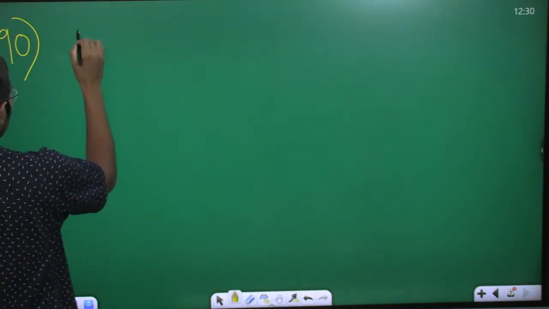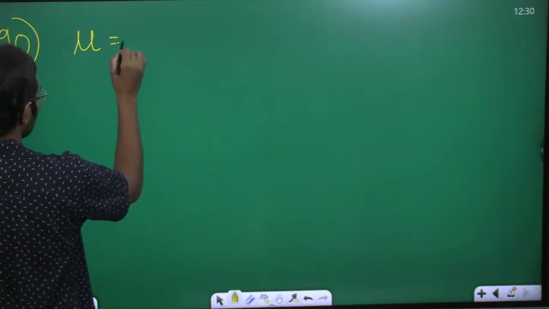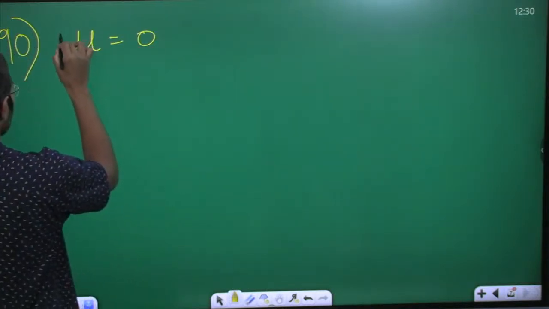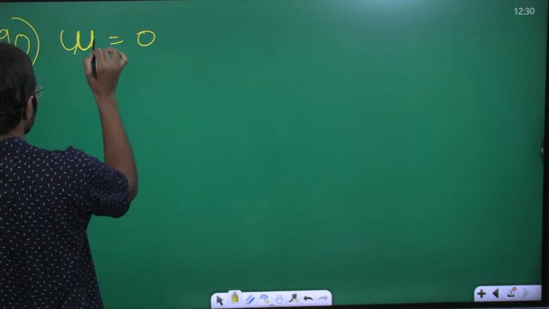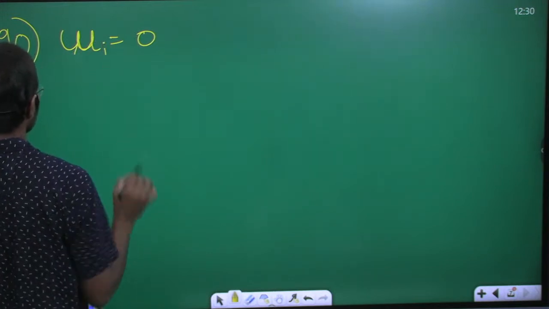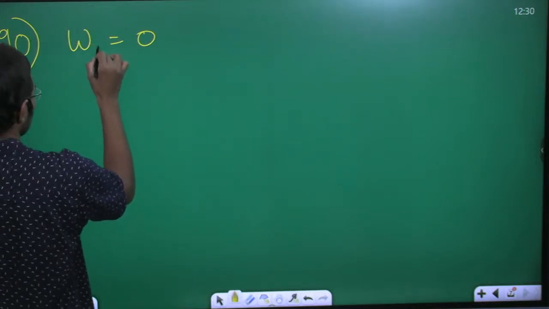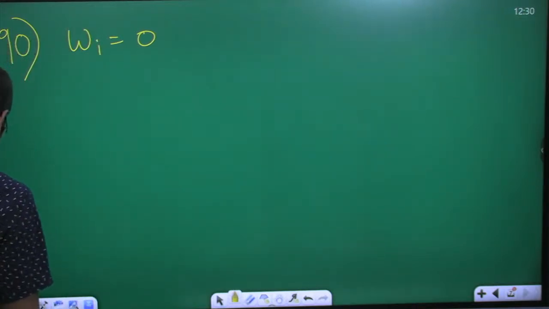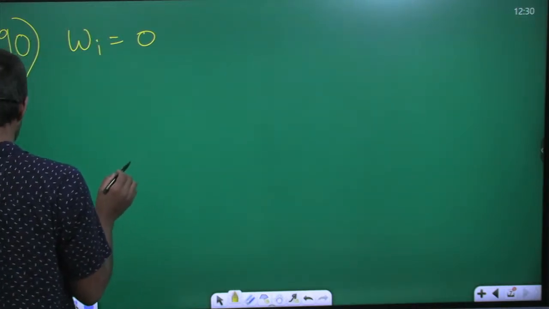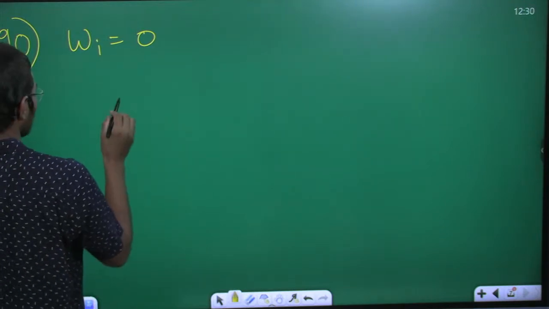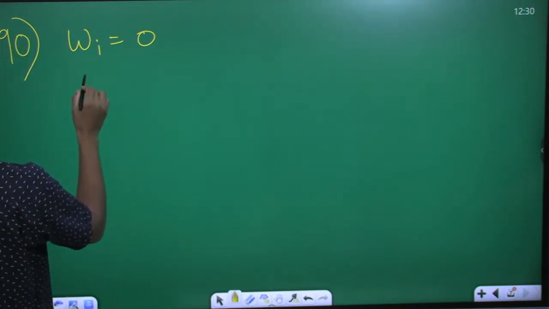So keywords, u is equal to 0. Here it is moving in circular motion, so we need to take omega initial. It has a constant acceleration, alpha.